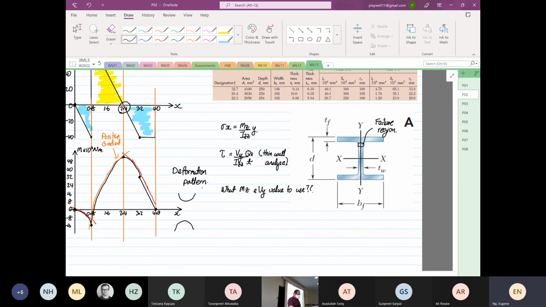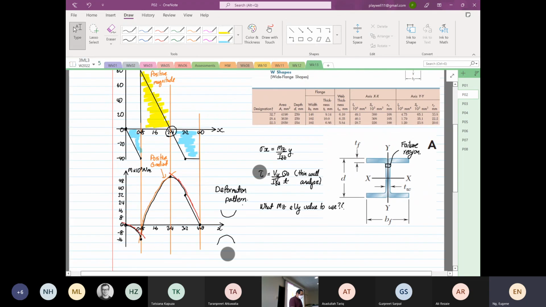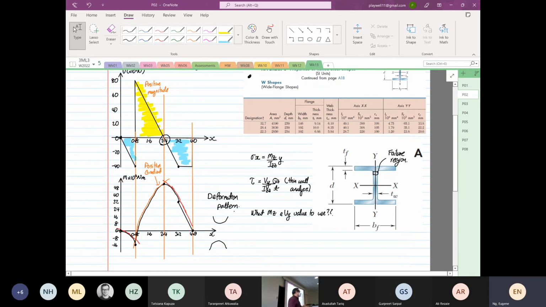If you look at the shear force and bending moment diagram, it is very frustrating. Why do I say it's frustrating? Let's look at when x is equal to 0.8.